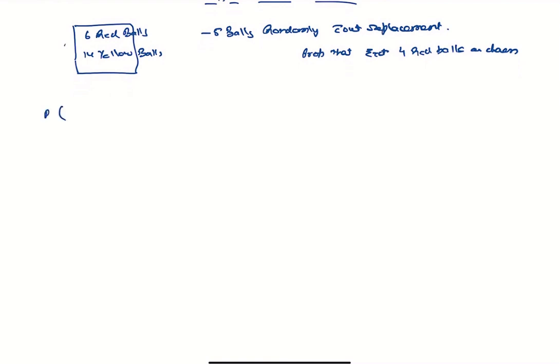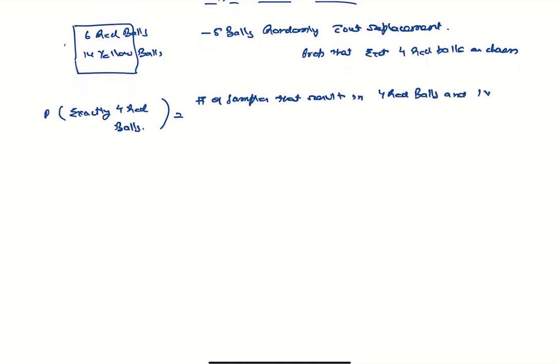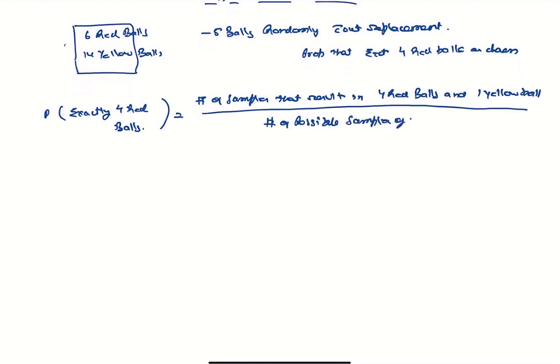So the probability of exactly 4 red balls will be the number of samples that result in 4 red balls and 1 yellow ball divided by the number of possible samples of 5.